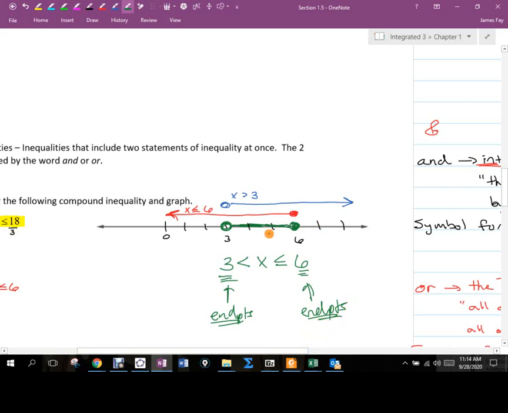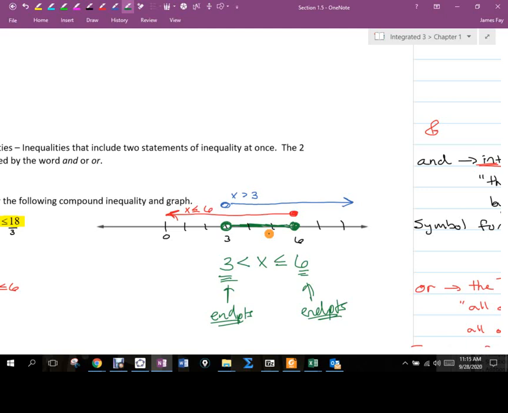Those inequality symbols, when we write it this way, will always be pointing to the left. They never point to the right. But what we do is we say, well, 3 is less than x, and x is less than or equal to 6. That's an alternative way of reading that.